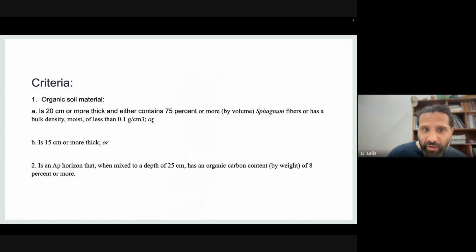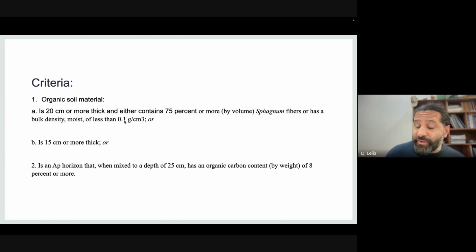So let's see the first two options. You can see that I have "or" and "or" here, so I need to fit at least one of them, okay? If I fit one of them, great, no problem. First of all, see if the horizon is basically composed of fibers. So I have a high amount of fibers, very little decomposed organic material, so the thickness should be 20 centimeters.